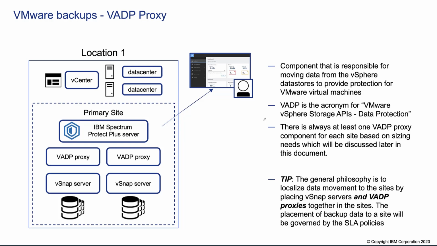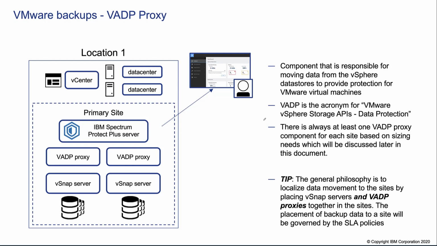And as you can see, it's an acronym for VMware Storage API for Data Protection. You will always have at least one of these proxies for each one of your sites based on the sizing needs. And again, that's covered in the blueprints.